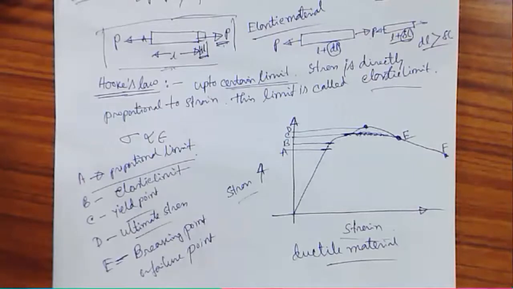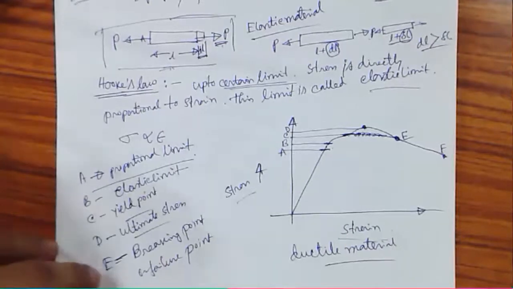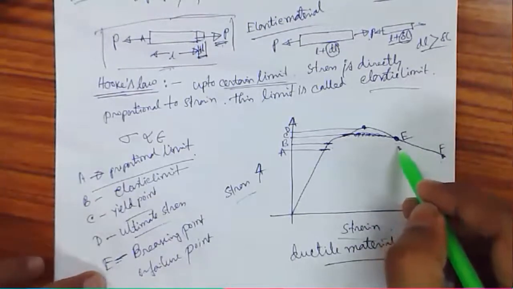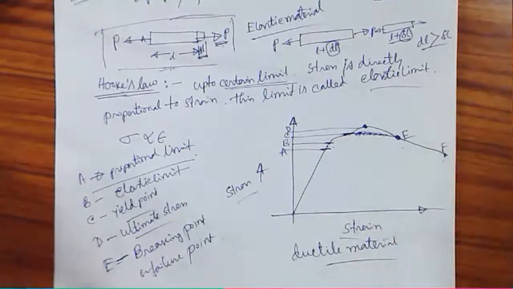Even if you raise the stress up to D and then withdraw the stress, after ultimate stress it will reach E and go to F. It is very common. Sometimes it does not have to reach F. Sometimes at this E point, this breaking point, the failure occurs.